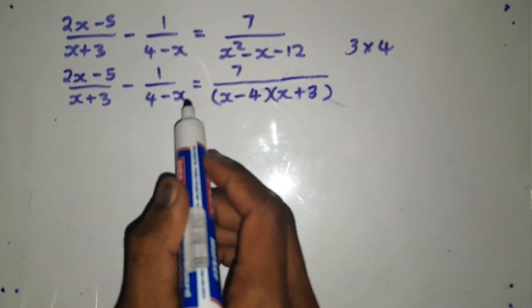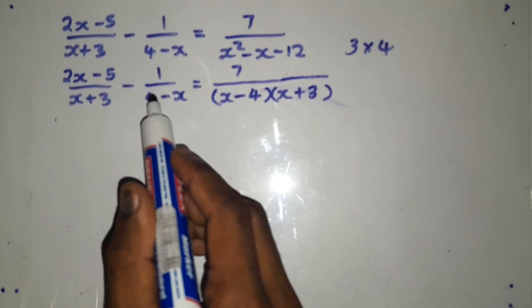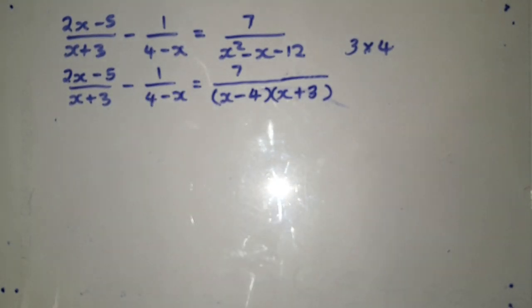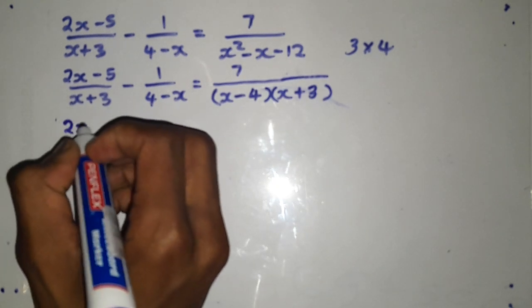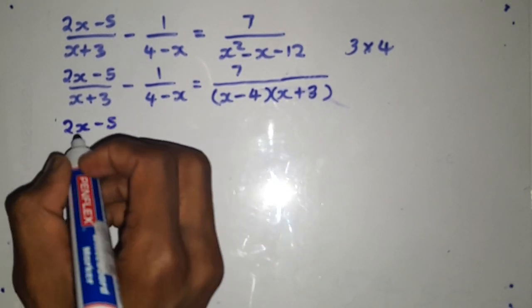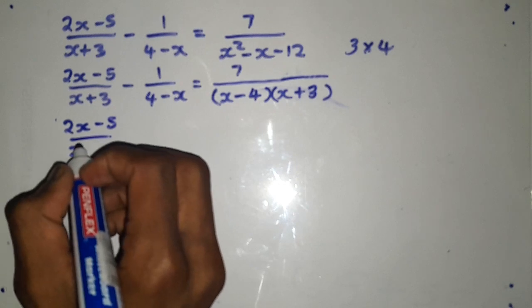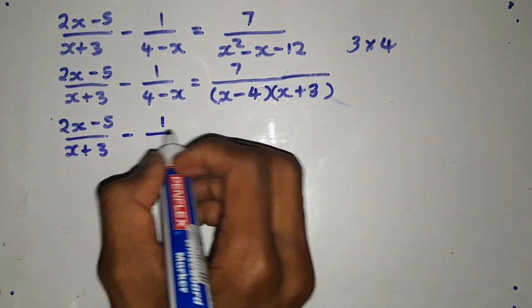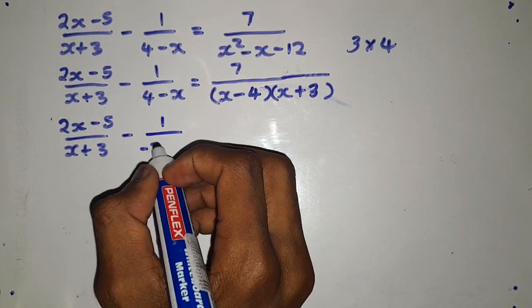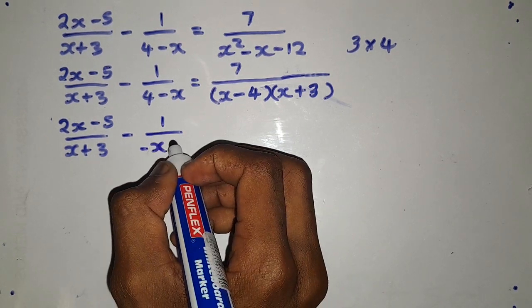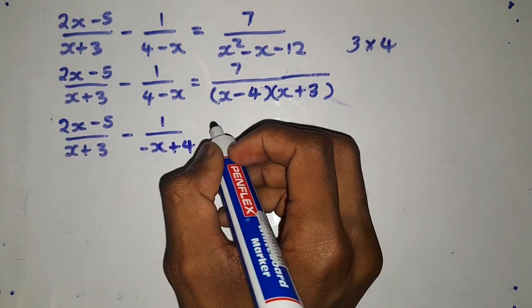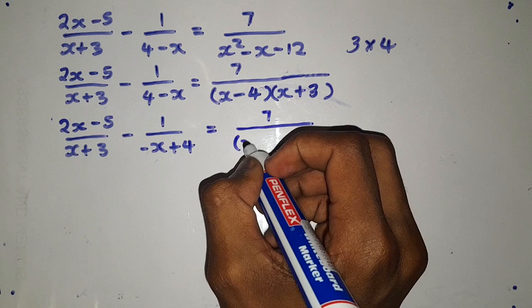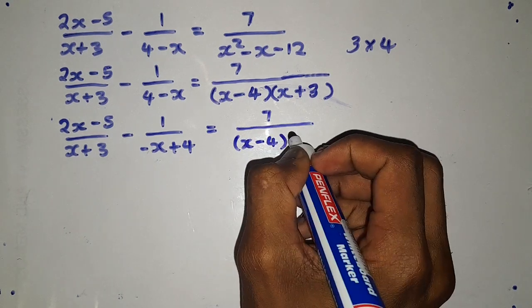Let us rearrange it: 2x minus 5 over x plus 3, minus 1 over minus x plus 4, equals 7 over x minus 4.